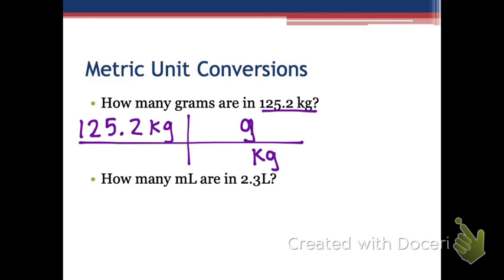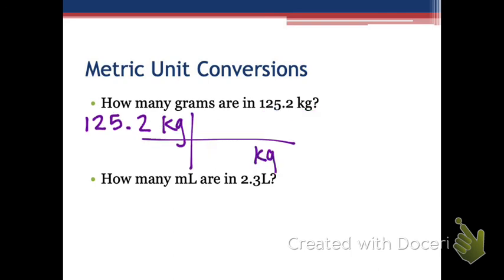Let's look at what is our conversion factor here from kilo to regular. Which one's the bigger unit? Kilograms is the bigger unit. How many of the base are there in a kilo? 1,000. Okay, do we need to look back at our chart and see why that is?